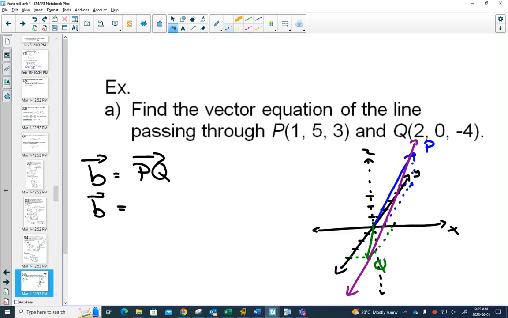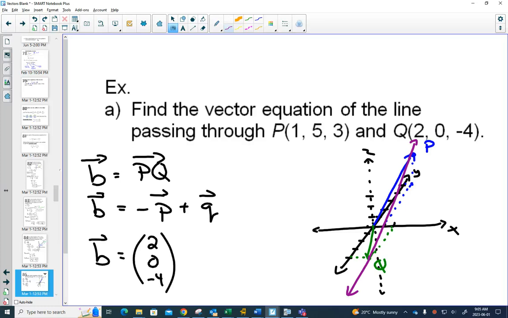I could use my position vectors. I could go from P back to the origin, and then from the origin to Q. And since our points, I'm going to write Q first, oh no, I read Q wrong. We'll just ignore it.